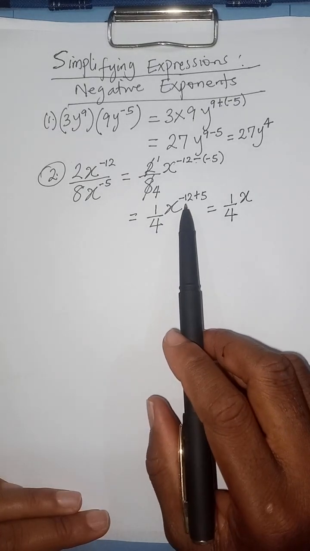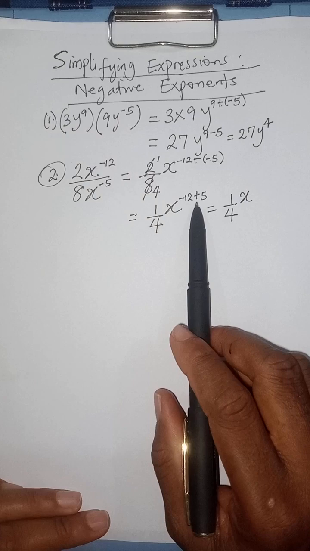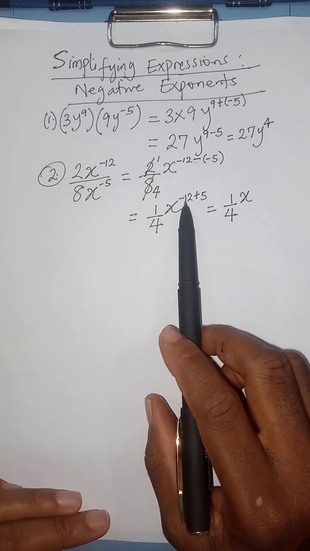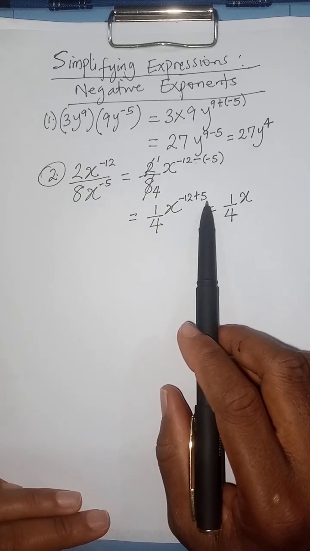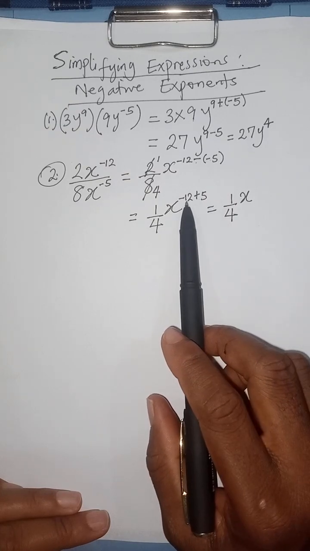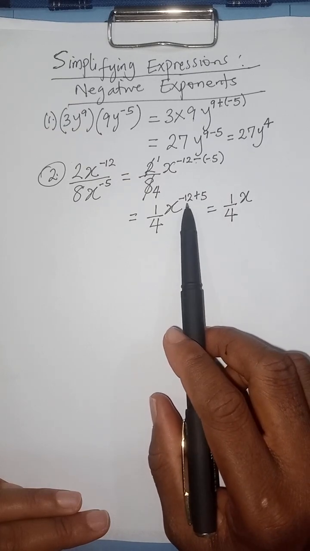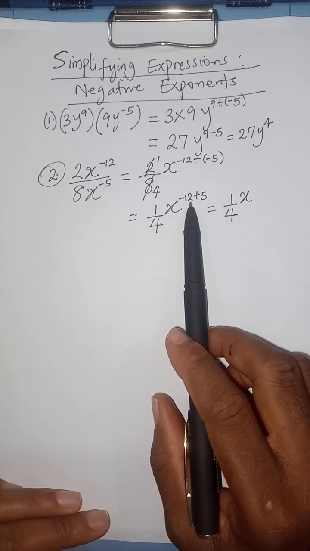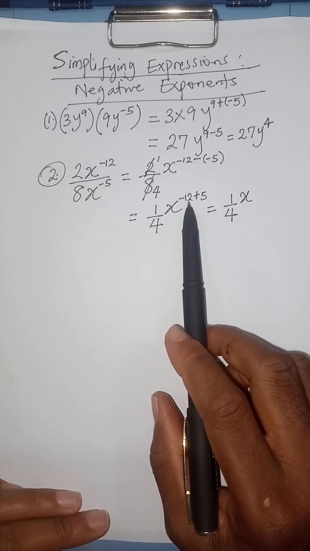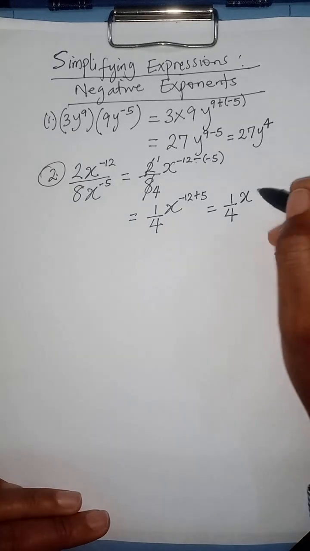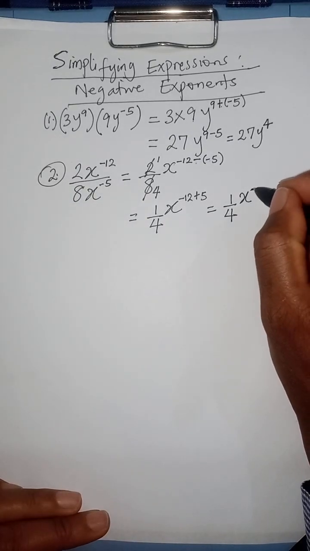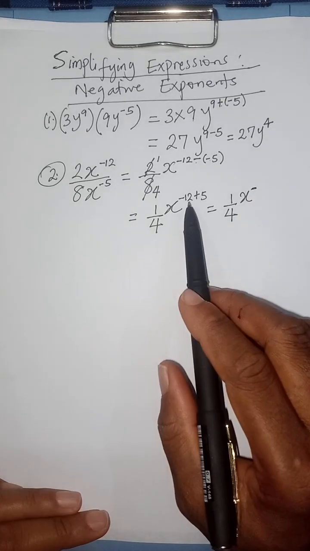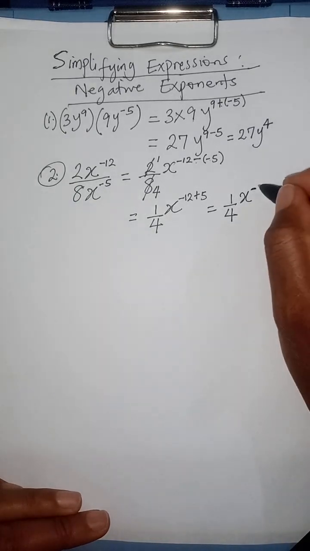Remember the concept of minus 12 plus 5. When you have a question like this, recall we said pick the sign of the bigger number. The bigger number between 12 and 5 is 12. The sign is minus. So your answer will have a negative sign. Then 12 minus 5 will give you 7.